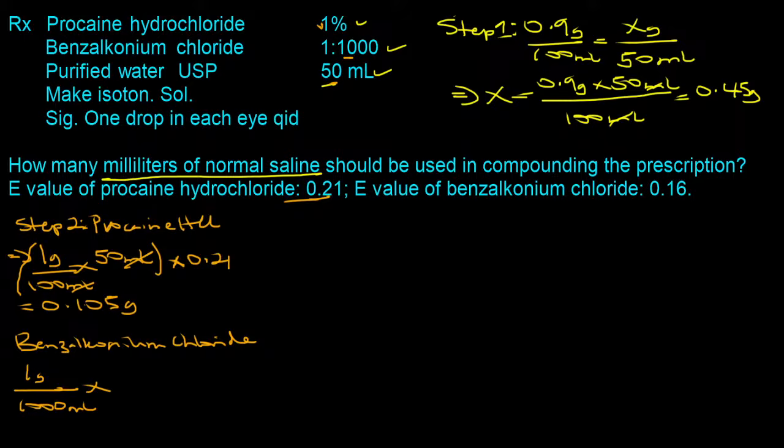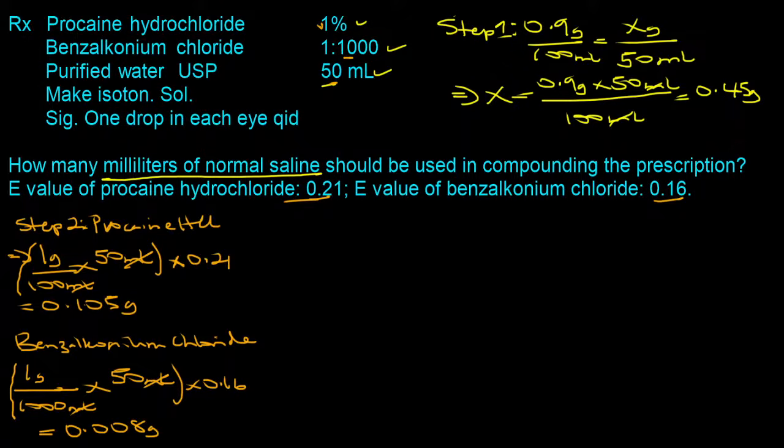And then we multiply that by the volume, which is 50 milliliters. The milliliters cancel out. You're now in grams. And we multiply that quantity in grams by the corresponding E value, which is 0.16. And that turns out to be 0.008 grams.